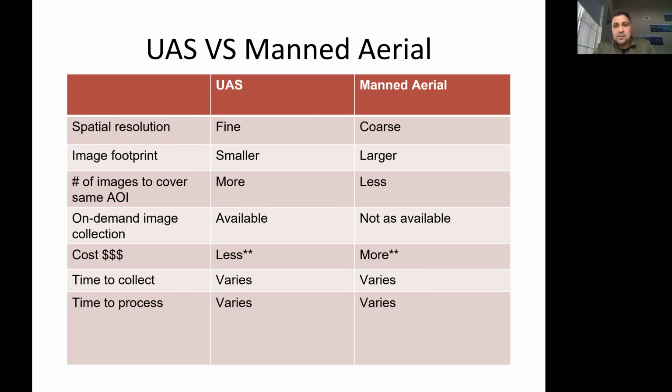Whereas with the UAS, you could fly at 20 feet above the ground and capture down to less than a centimeter in spatial resolution, GSD. So that's what that's saying there.